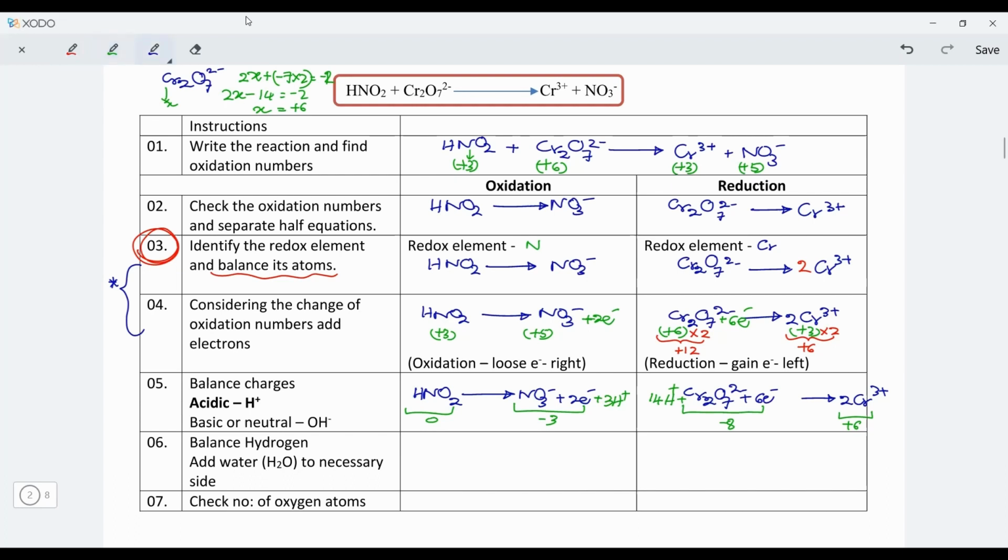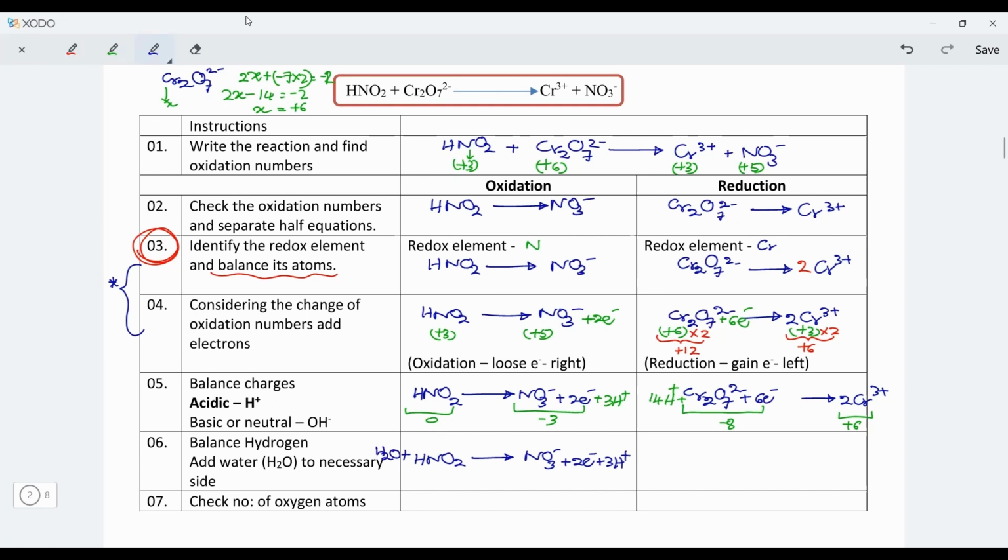Then you can freely balance the number of hydrogen you added by adding some water. Now let me consider the total overall hydrogen atoms on both sides. Here you have 3 and here you have just 1. So you need 2 more hydrogen. Then here you have to add 1 water molecule.